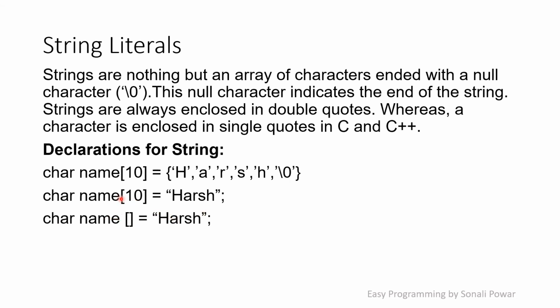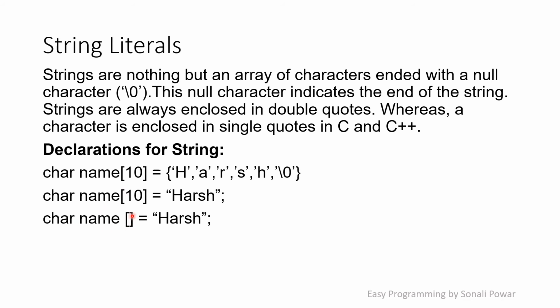But what is the difference between these two variables? In the first variable, I said name[10]. So here it is able to store a maximum of 10 letters. Here I am assigning just 5 letters, but it still allocates memory for 10 letters. But that is not the case here.